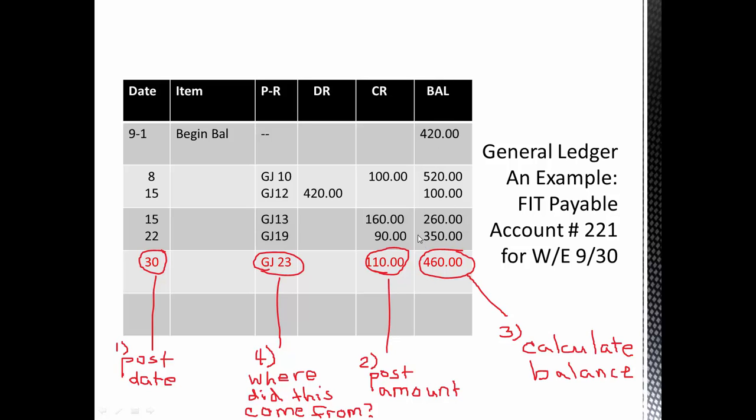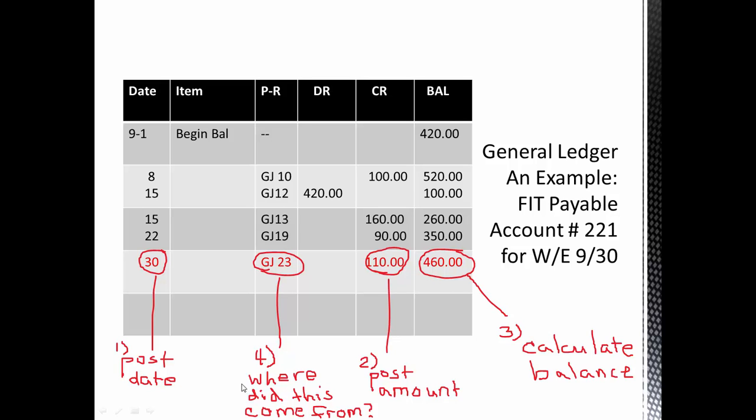That's $350 credit. This new number is $110 credit. Credit and credit is add. 350 plus 110 gives us a new balance of 460. Of course, that too is a credit balance.